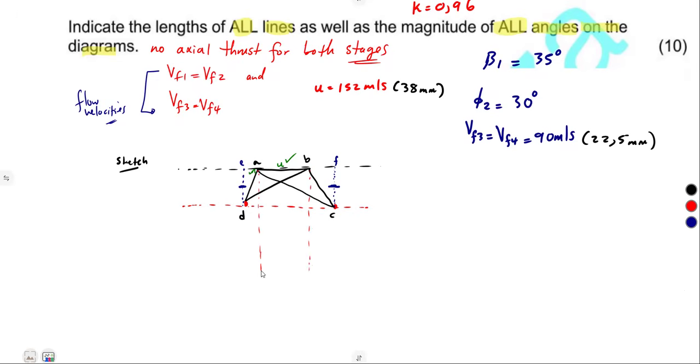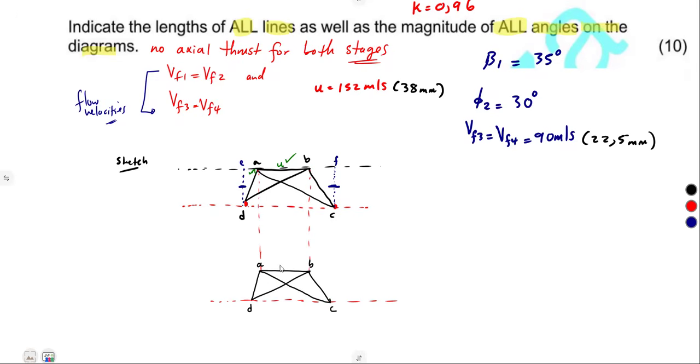From the second diagram, this is what you're going to have, A to B. And remember the same concept about the flow velocity. C and D will be on the same horizontal line, just like what we had on the first one. So if this is our point D, C and D must be on the same horizontal line. So let's say this is where we've got our C, from A to C like this.